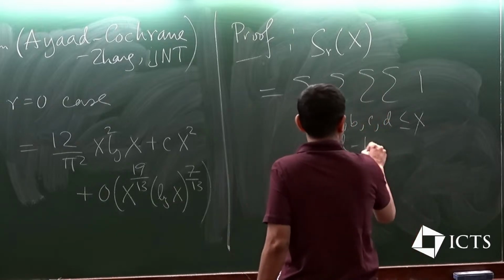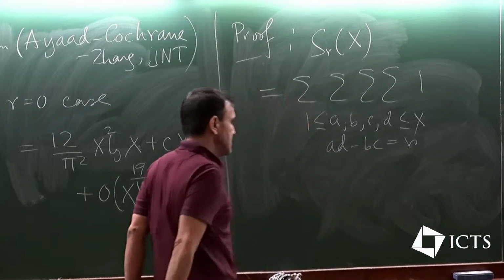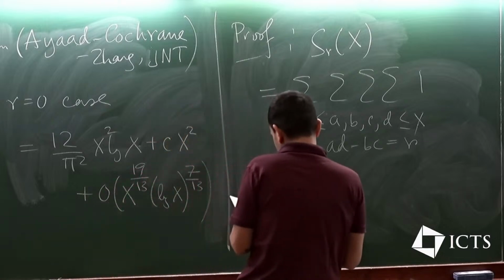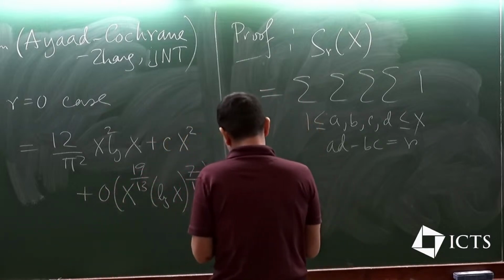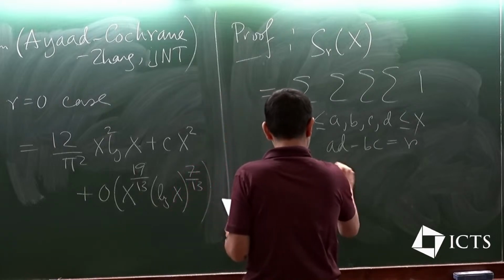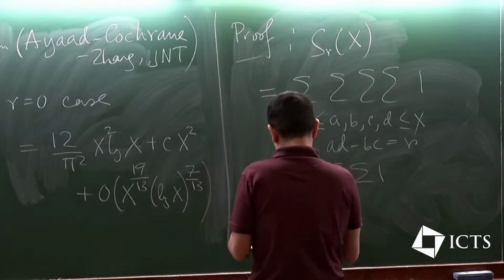AD minus BC equal to R. So the idea is to view this thing not as an equation but as a congruence, modulo one of the variables. So the first step is you write it as, you remove one of the things.